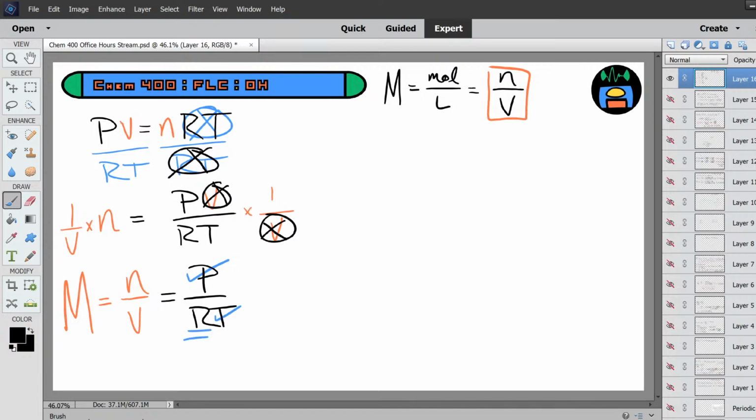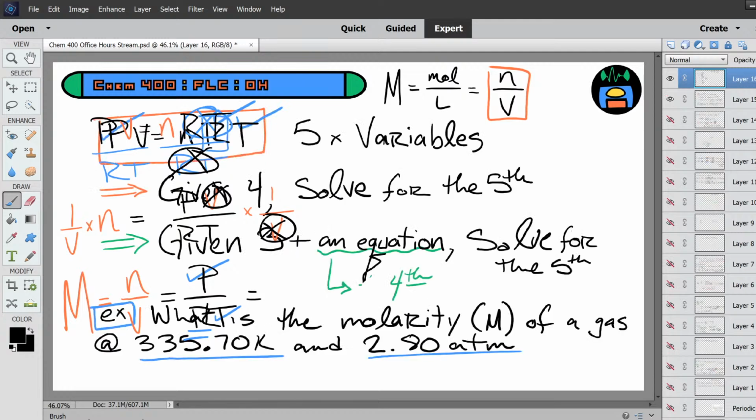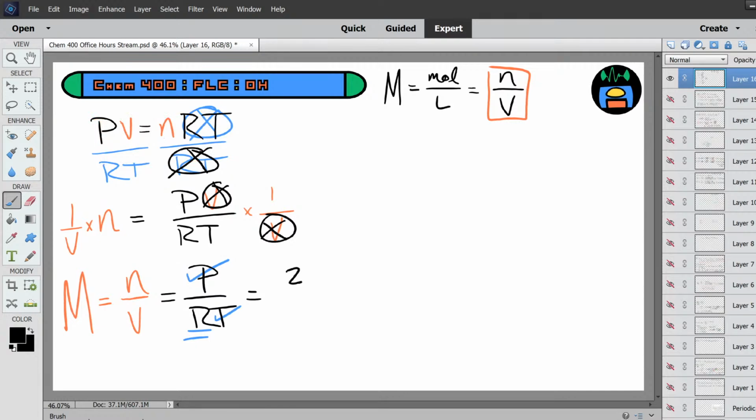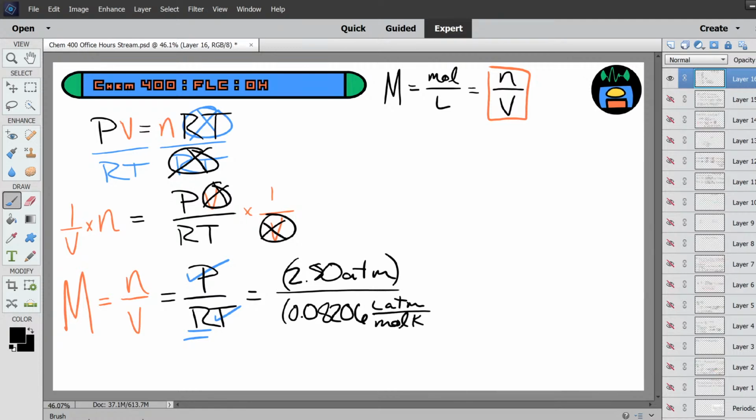So let's calculate our molarity here. Our pressure that we were given here is 2.80 atmospheres over R, 0.08206 liter atmospheres per mole Kelvin, times temperature, which I don't remember what I wrote on the previous slide.